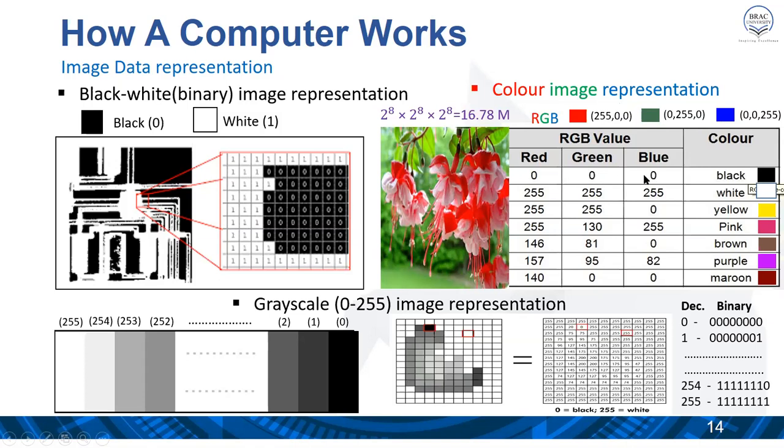That means all values will be 0. On the other hand, for white pixel, all three color components will be present with their highest intensities, which is 255. There are 16.78 million different colors that can be represented by using RGB color model.